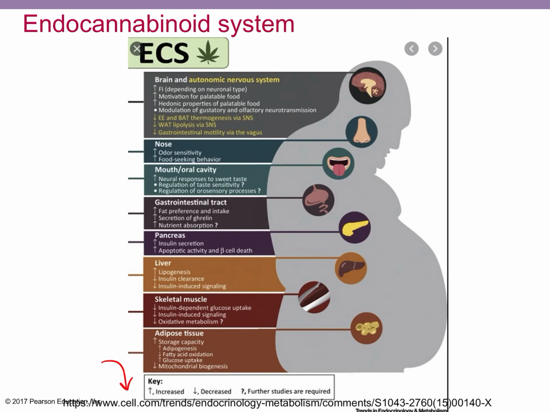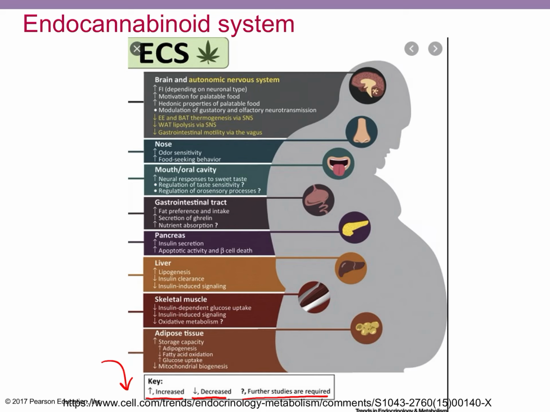So you can see that up arrow means increased activity by the endocannabinoid system, namely THC, right, from marijuana, decreased, and then the question marks means they're not sure, that further research is needed.